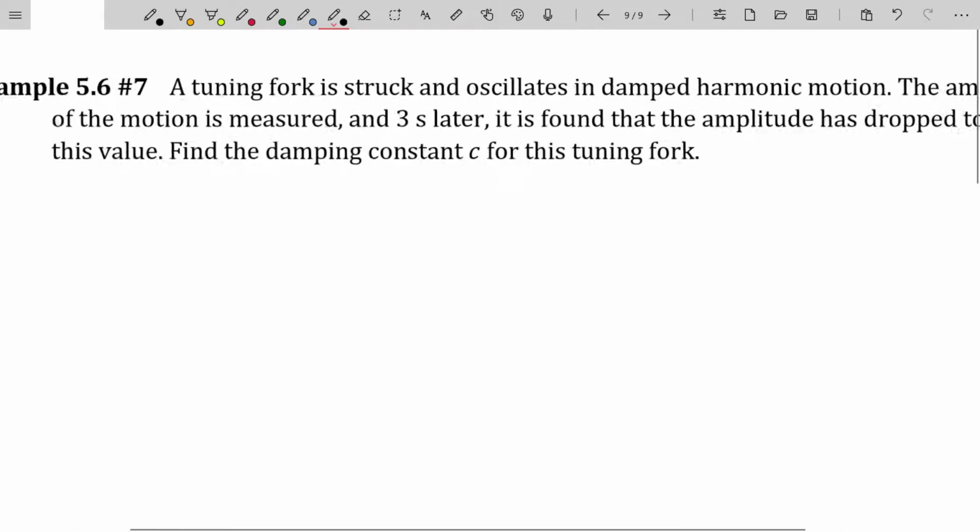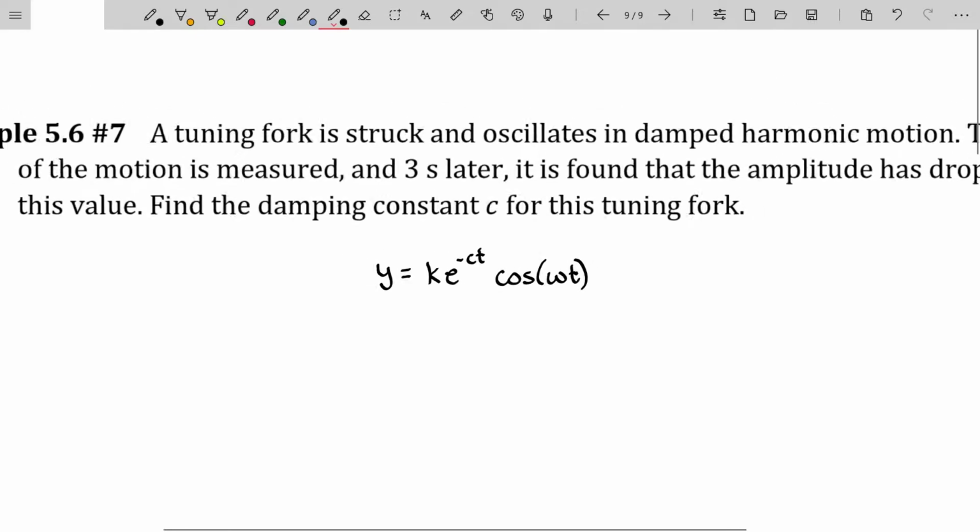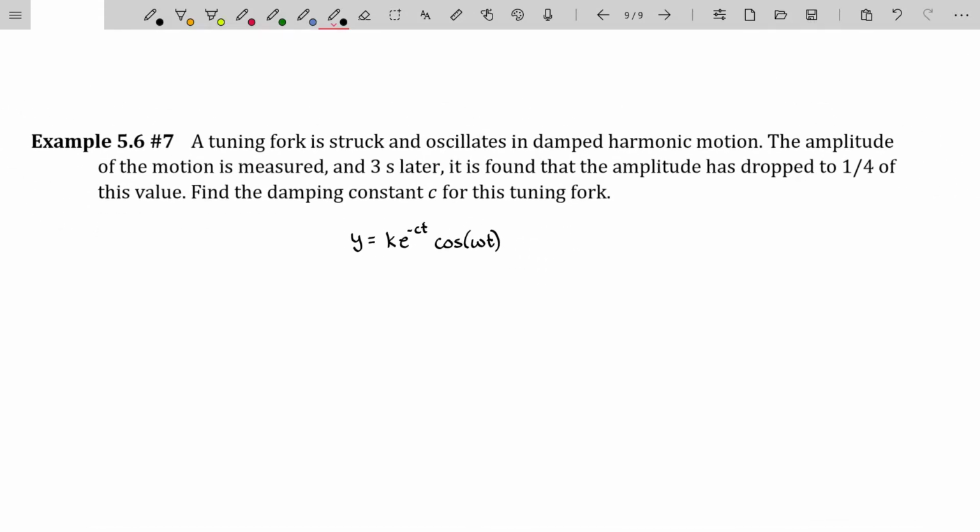Now, first of all, I'm going to just assume, without loss of generality, that the function for this is y equals k e to the negative ct. That's the damping coefficient. And I'll just assume it's a cosine omega t. Doesn't actually matter. The main thing you need to know here is when you measure the amplitude, it's over a certain amount of time.